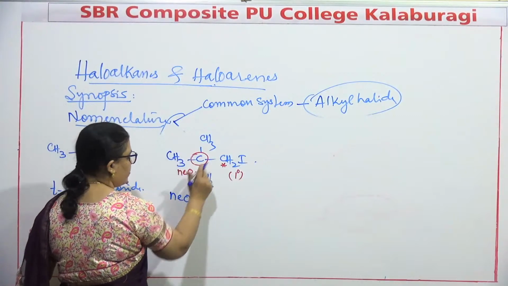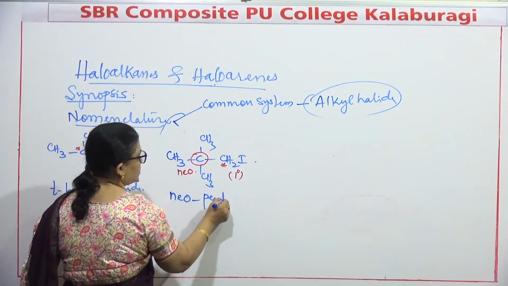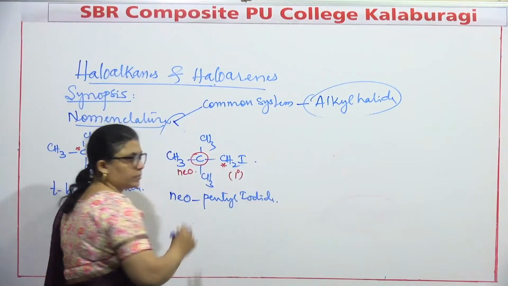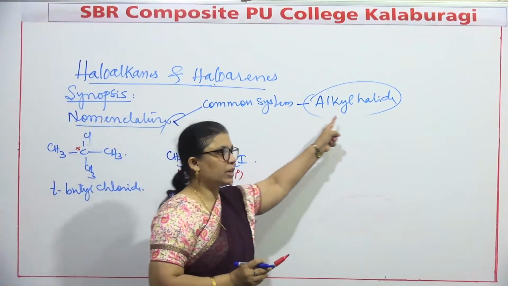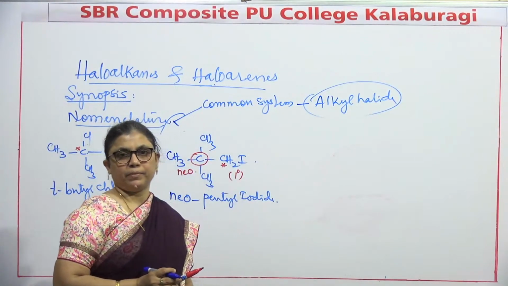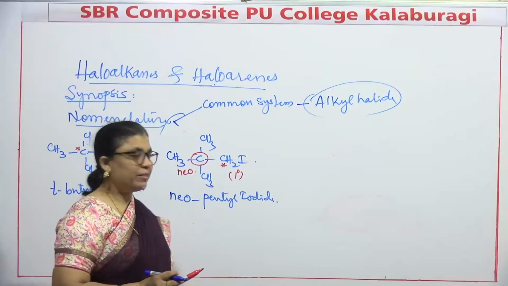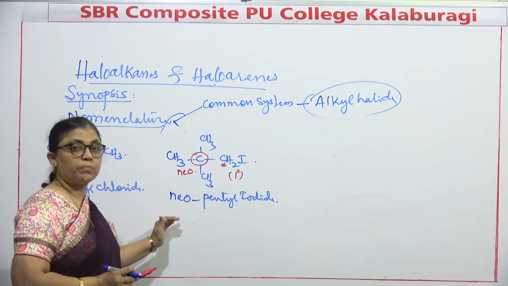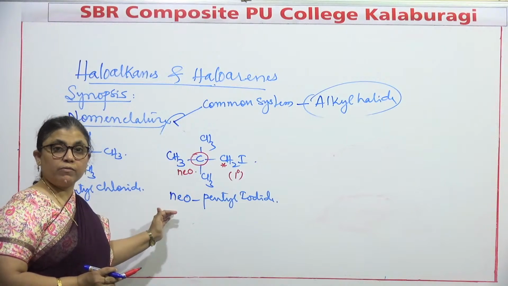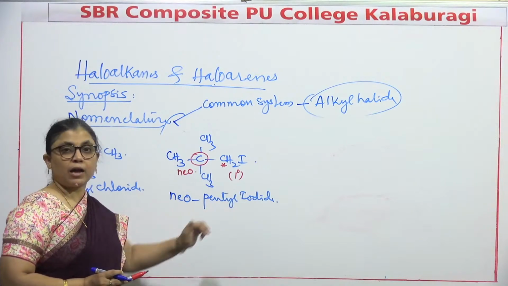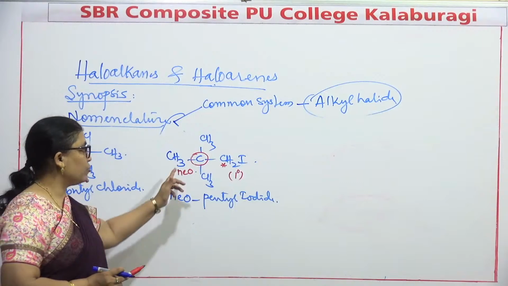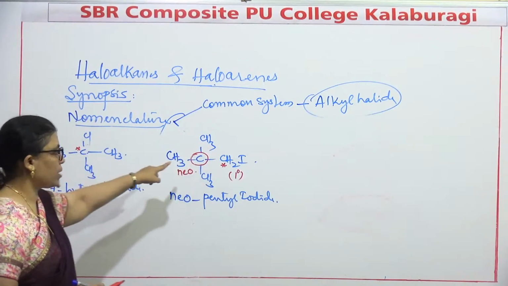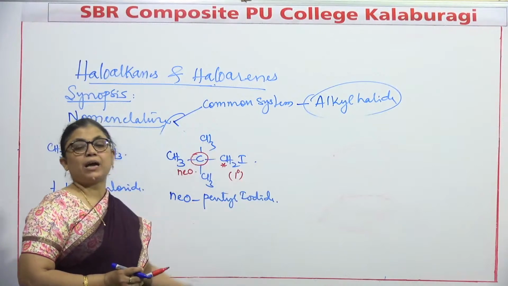1, 2, 3, 4 and 5, pentyl iodide. So in general we are calling these alkyl halides. Whenever we take neopentyl iodide, it means that to this neo carbon atom, one more primary carbon atom is linked.